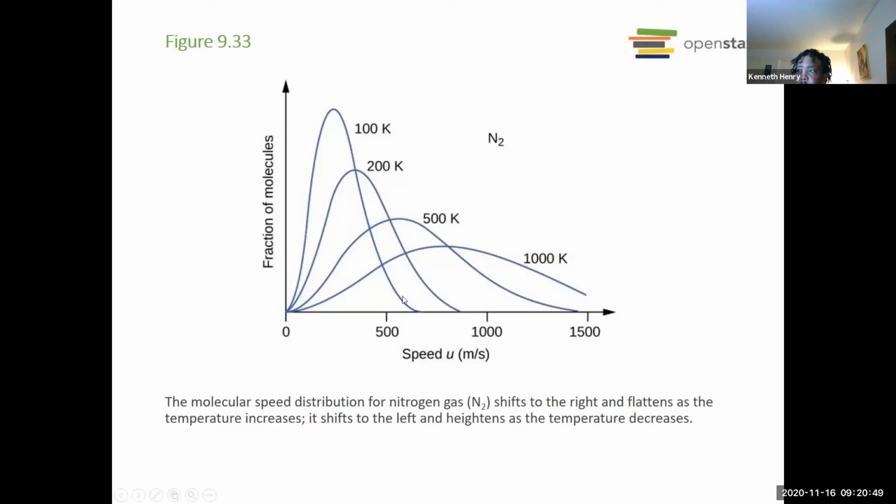At a lower temperature, you're going to get a slower speed. At a lower temperature, even slower speeds. And at 100 degrees Kelvin, you're basically going to have pretty slow, right? So you're not going to have as wide of a distribution as your temperature increases, right?